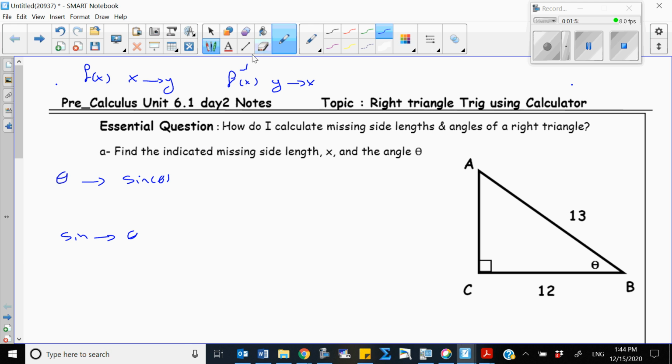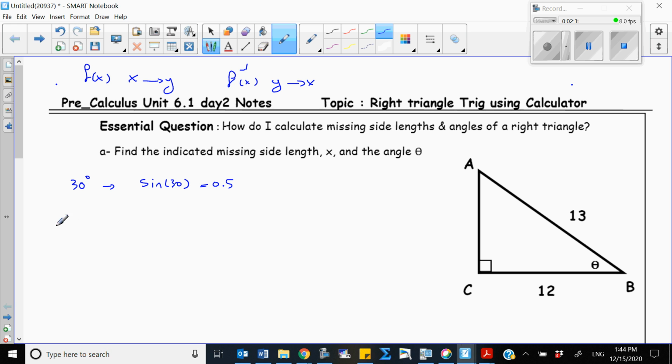What does that mean? Let me give you an example. I have an angle which is 30 degrees. What is sine of that? You just use the sine function and say sine of 30 is 0.5. That's just a normal function.